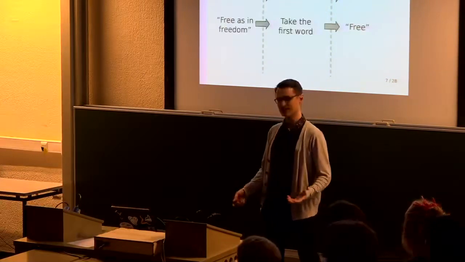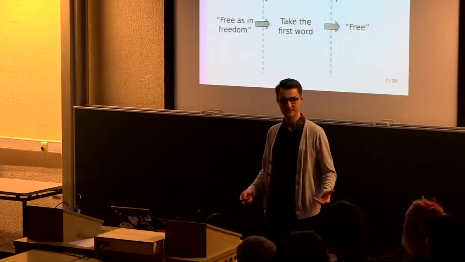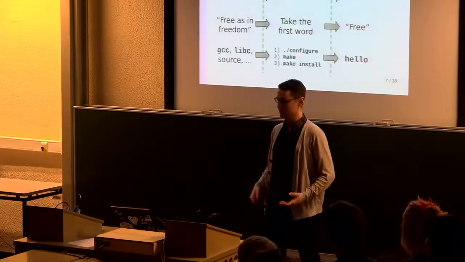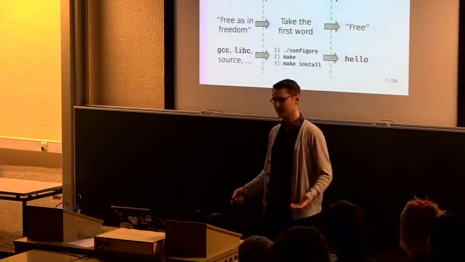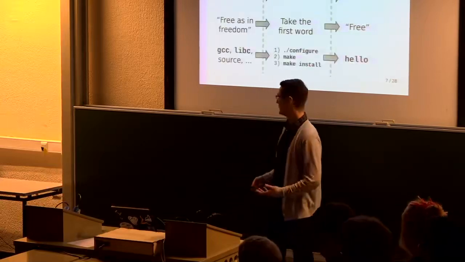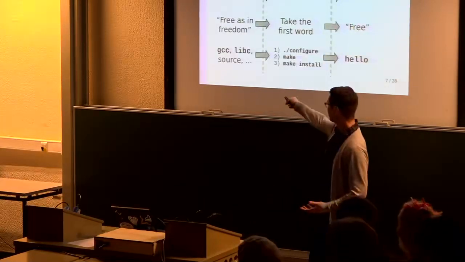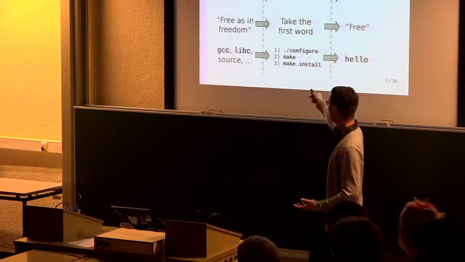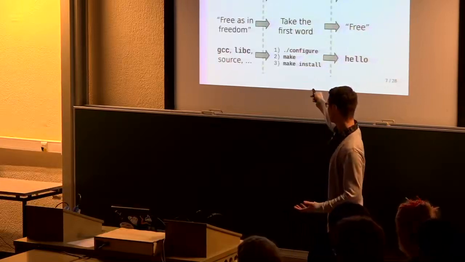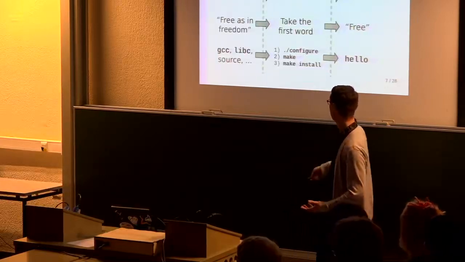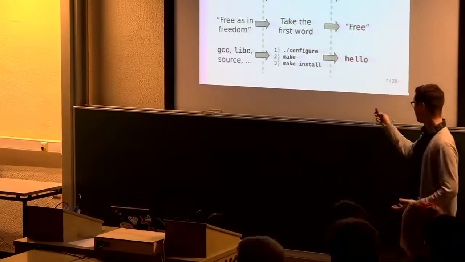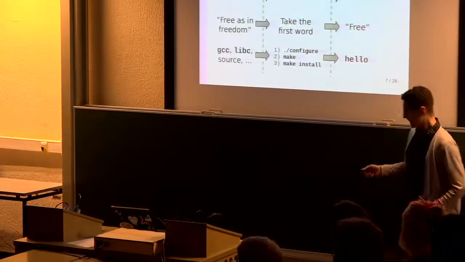You can go outside of mathematics and have a function consisting of words, or you can think about software and think about the process of building, for example, GNU Hello, as a function, where the inputs are the compiler, the libraries, the source code. The function itself is the usual procedure of configure, make, install, and the output is the program that you can run, GNU Hello.